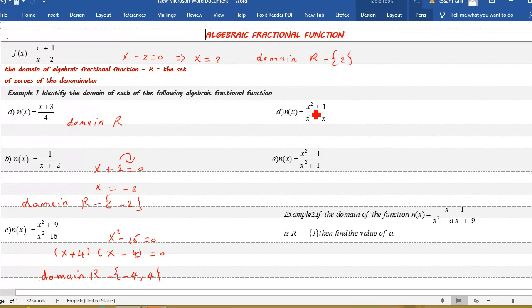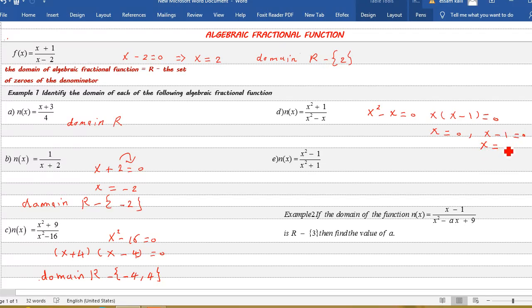Letter D. n of x equal x power 2 plus 1 over x power 2 minus x. Find the zeros of the denominator. Then put x power 2 minus x equal 0. Take x common factor. يبقى then become x times (x minus 1) equal 0. يبقى then x equal 0 and x minus 1 equal 0. يبقى x equal what?